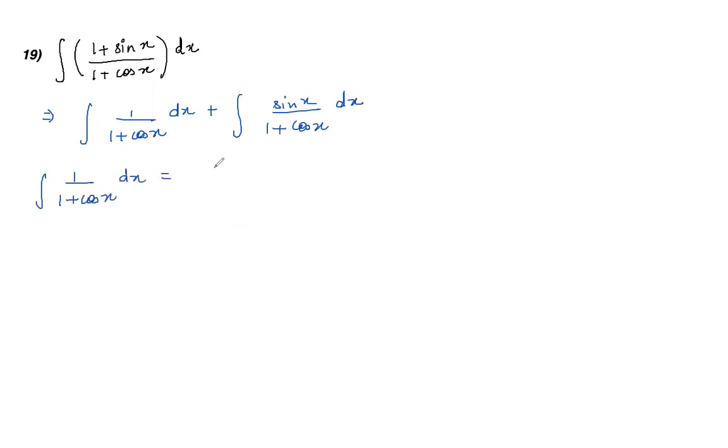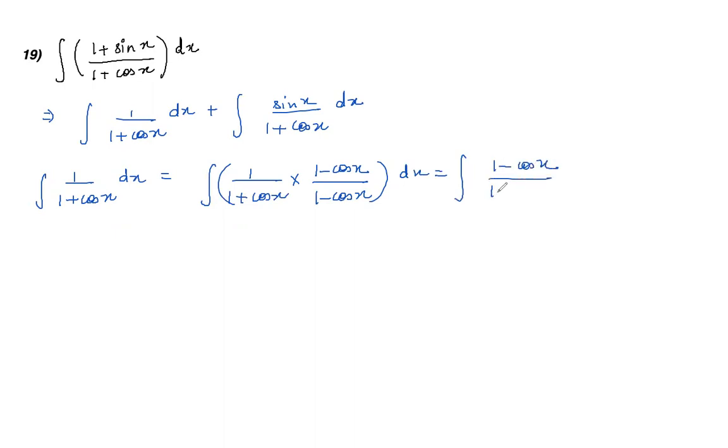What I can do here is I can rationalize this. So I'll multiply and divide by 1 minus cos x into dx. So it would be 1 minus cos x upon 1 minus cos square x into dx, or I can write it as 1 minus cos x upon sine square x into dx, right, since we know that sine square x plus cos square x is equals to 1.